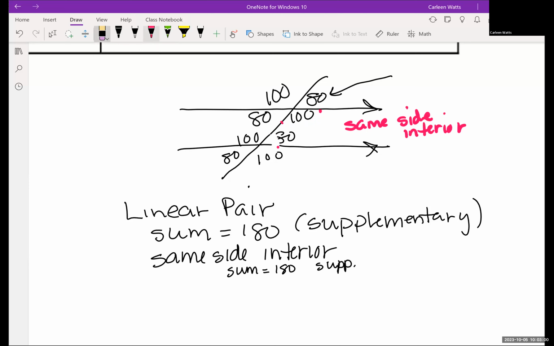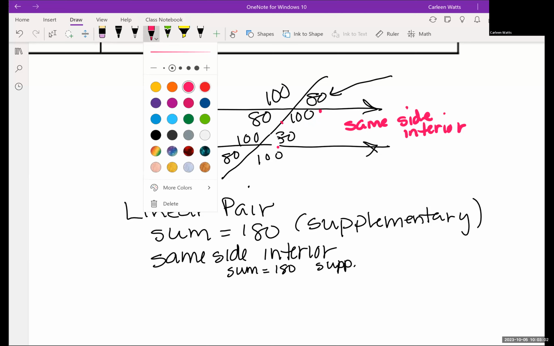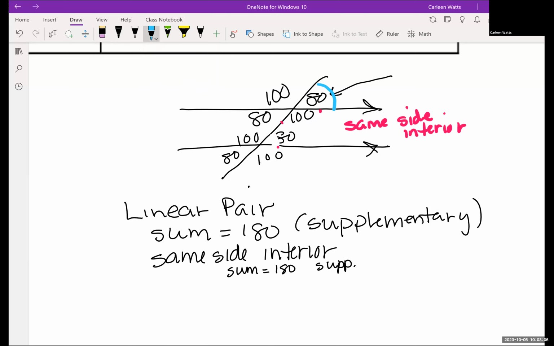Okay, what about same side exterior angles?